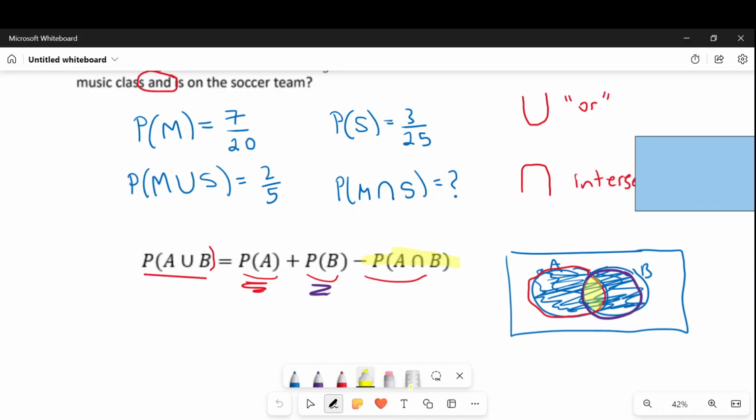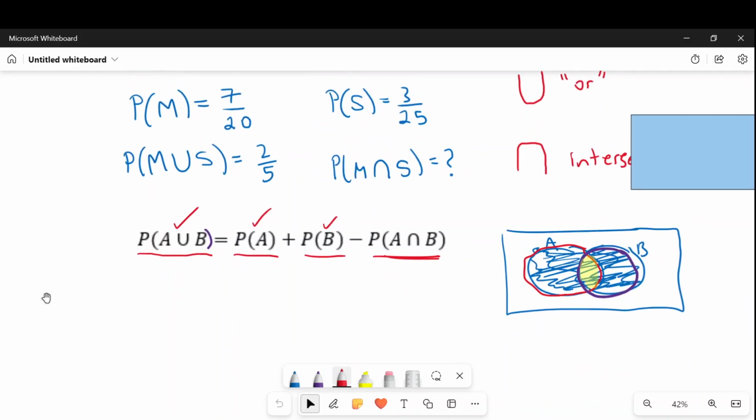If you look at this formula, I have 3 of the 4 variables or unknowns. I have the probability of A union B, or in this case, M union S. I have the probability of M. I have the probability of S, and this is the one that I'm looking for. Because I have 3 of the 4 pieces to that formula, I can sub into that formula and solve for the unknown.